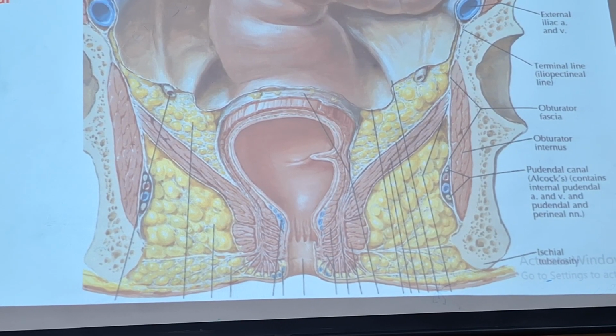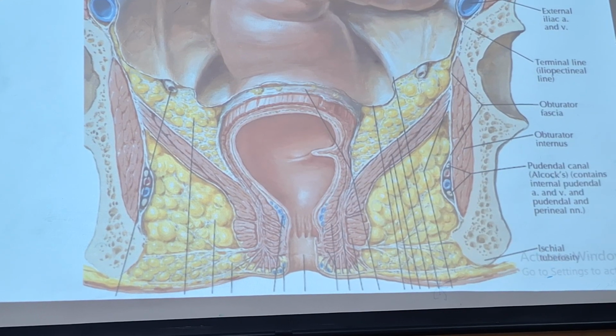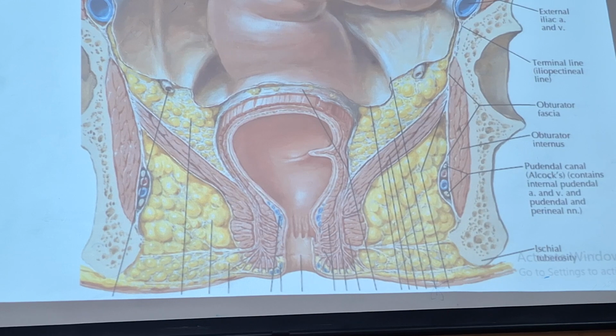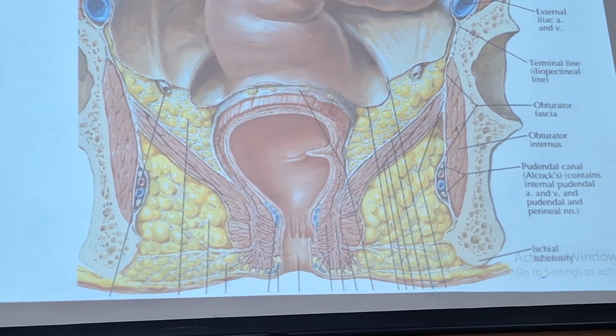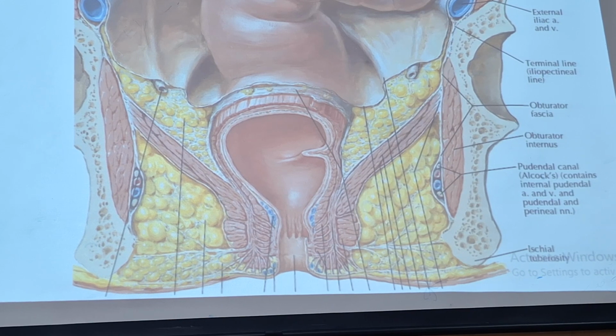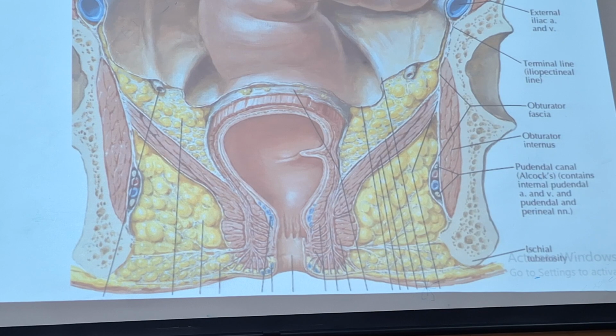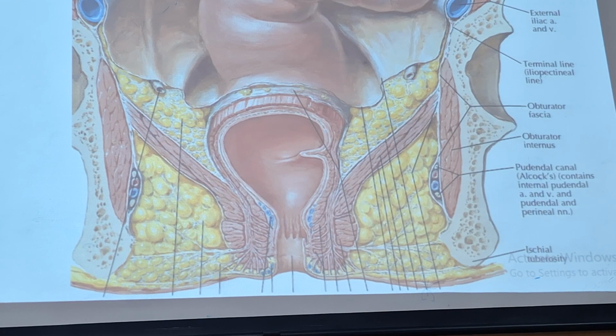The internal pudendal artery is a branch of the internal iliac. At the pelvic floor, this artery travels into the space between the coccygeus muscle and the levator ani muscle and goes to the gluteal area.